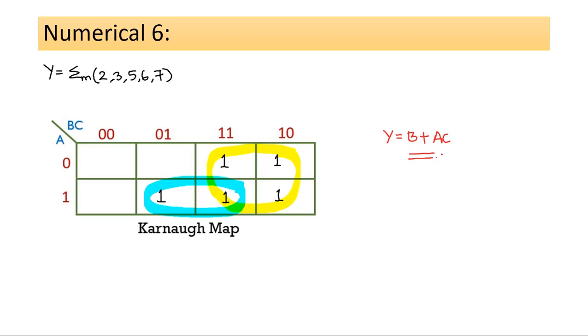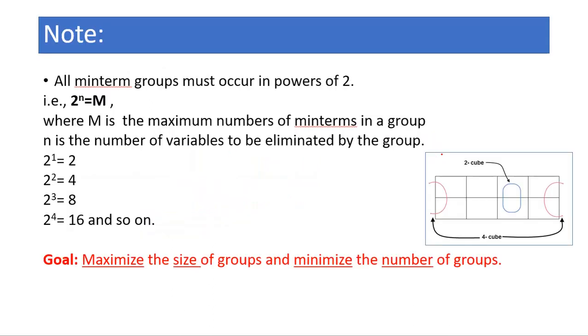Now we have seen how to solve the numericals for 2 variable grouping and 4 variable grouping. So let us understand how this grouping is done. An important note that you need to understand is that when we form groups, all the minterm groups must occur in powers of 2.